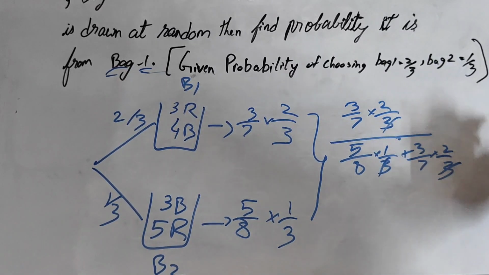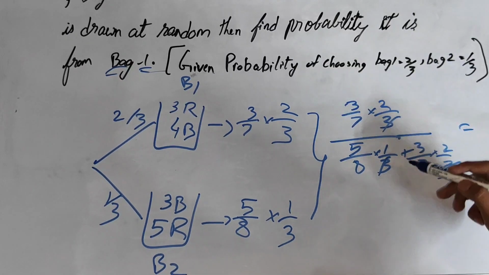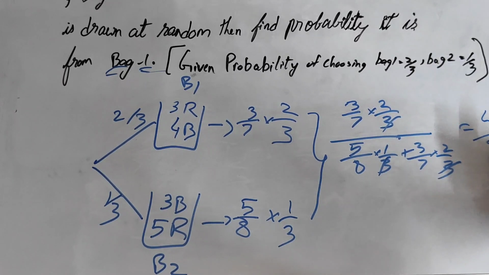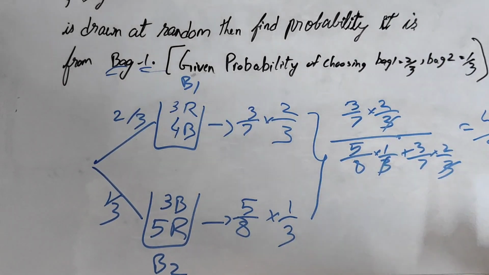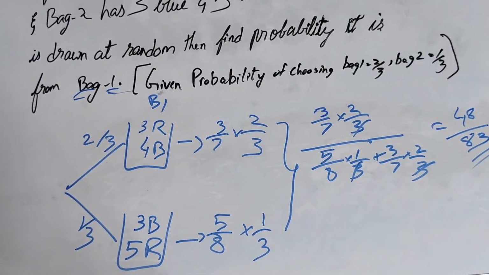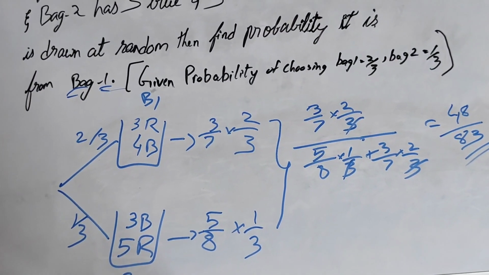The 3's get cancelled. On simplifying this, we get 48 by 83. So that's going to be the probability of choosing a red ball which has come from bag 1.